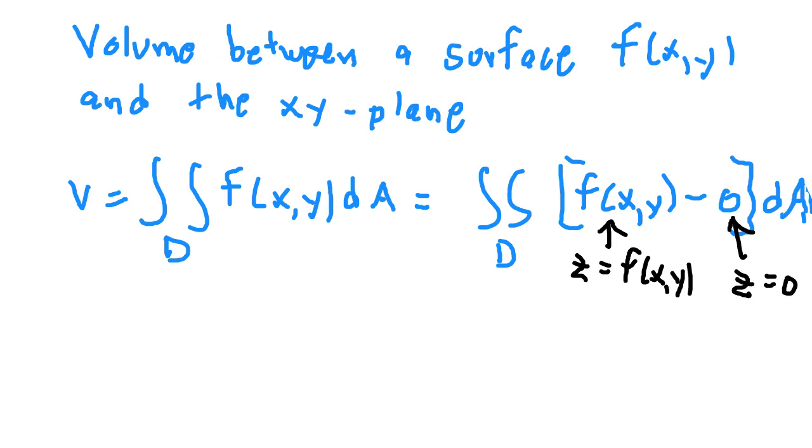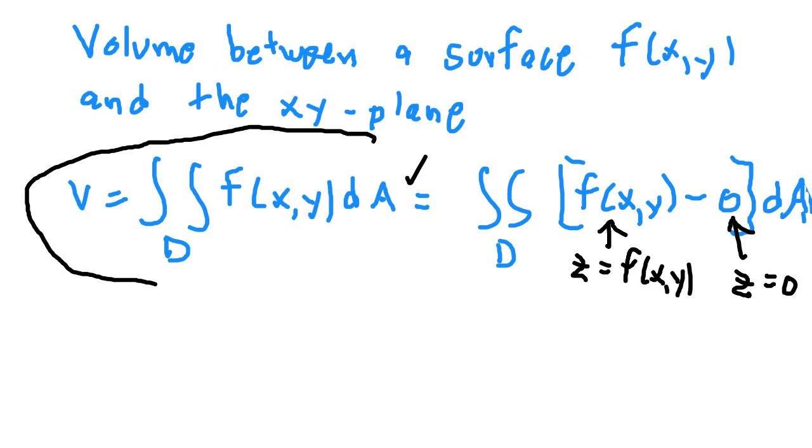So really, when you learn how to find the volume, when the volume is written as a double integral, it's understood to be the volume between the surface and the xy plane. But you can write the function of x, y as the difference of these two functions.